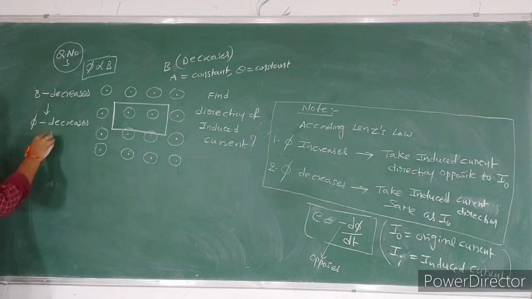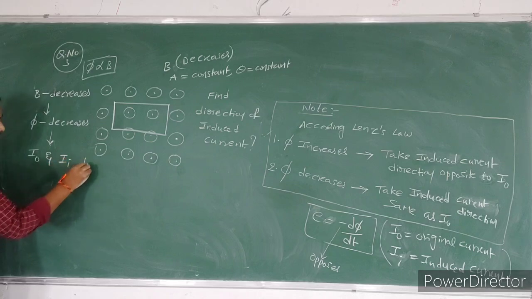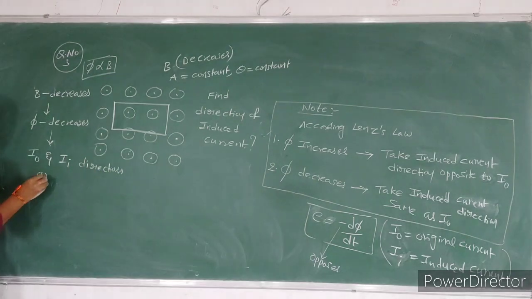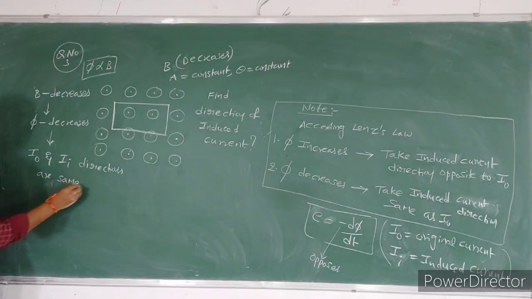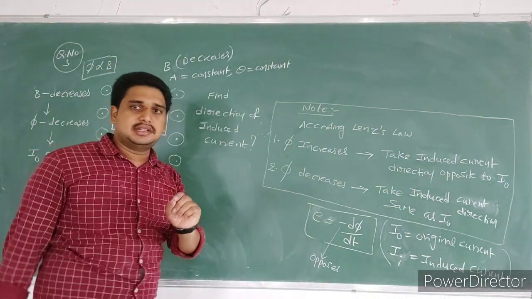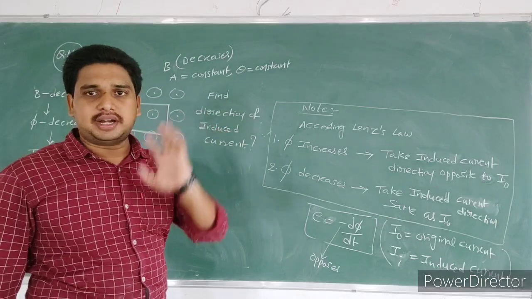If magnetic flux decreases, then I naught and I I directions are the same. If flux decreases, the original current direction and induced current direction are the same. I naught means the direction of the original current.